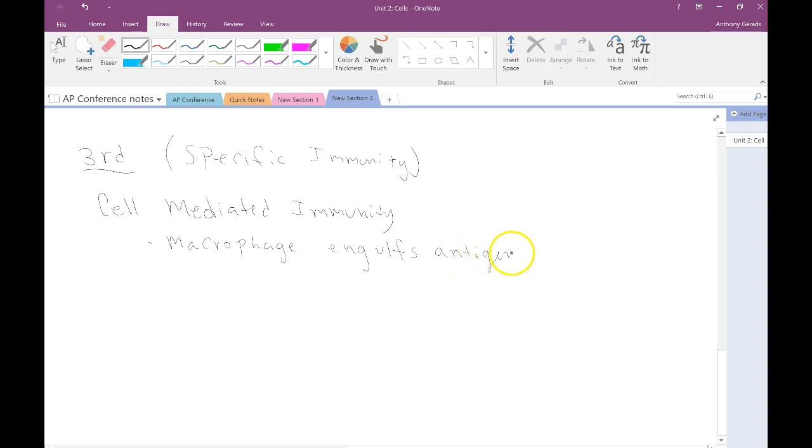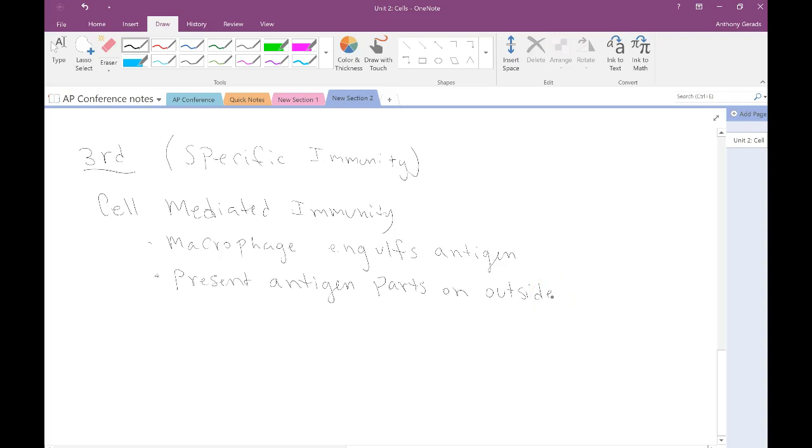And then this macrophage, coupled with what Hallie said, that lysosome is going to help break this thing down, and then it's going to present the antigen on the outside. Okay, so it's going to take this thing, break it down, and it's going to Ned Stark this antigen.